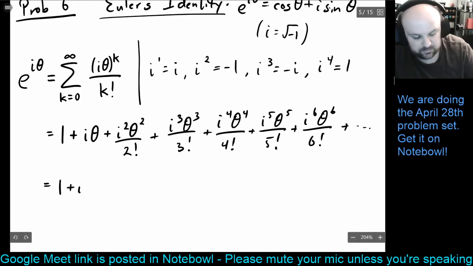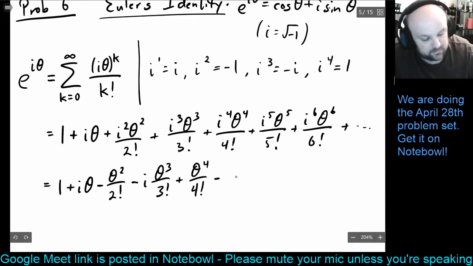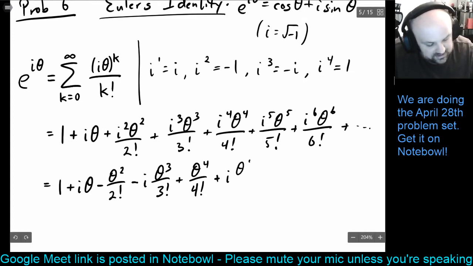This will be 1 plus i theta minus theta squared over 2 factorial minus i theta cubed over 3 factorial plus theta to the fourth over 4 factorial plus i theta to the fifth over 5 factorial minus theta to the 6 over 6 factorial.